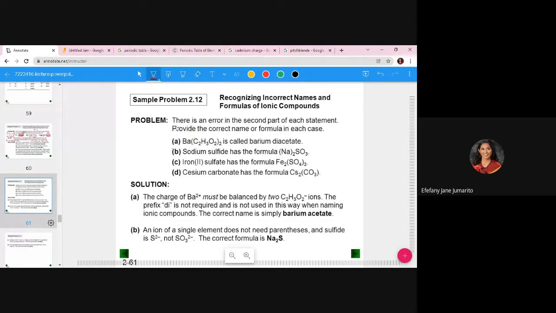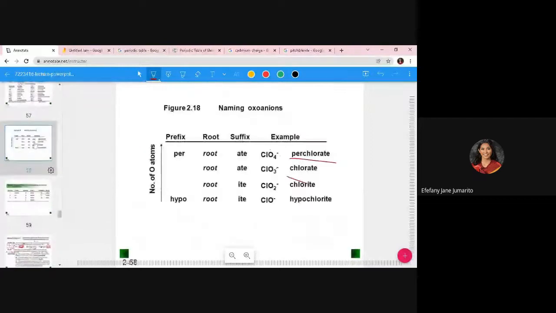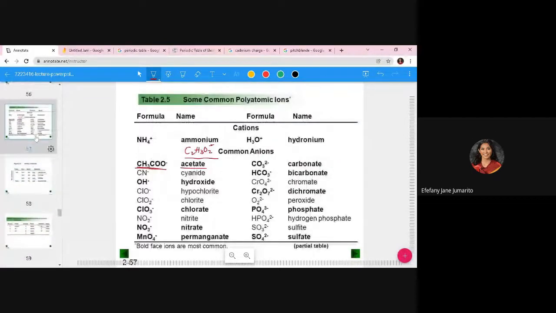What about letter B? Correct or wrong? Sodium. I'm sure it's Na. Sulfide. Let's look for sulfide. What is the sulfur?